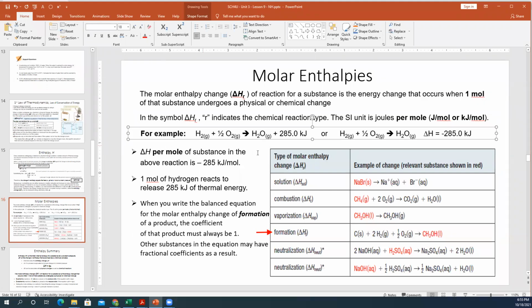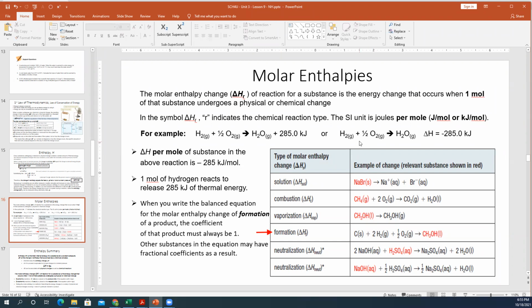For example, we might have a reaction that produces water. We have hydrogen gas reacting with oxygen gas to produce water, and it produces 285 kilojoules.